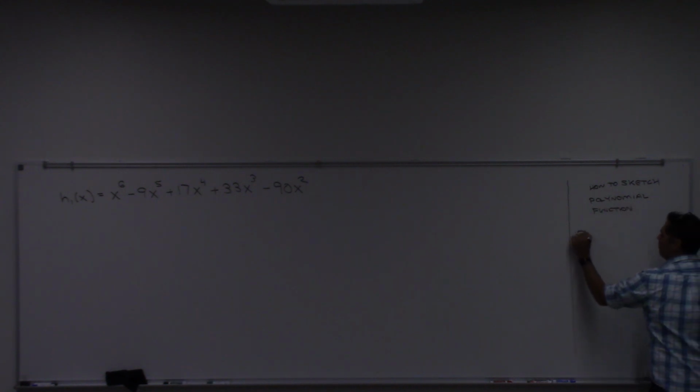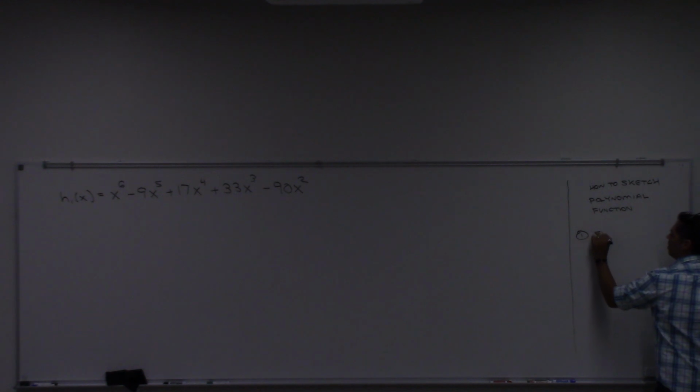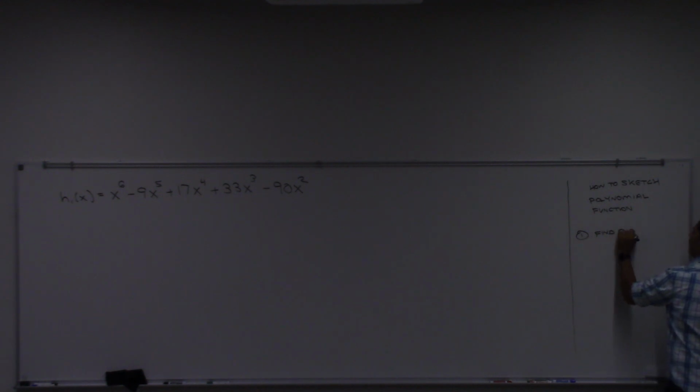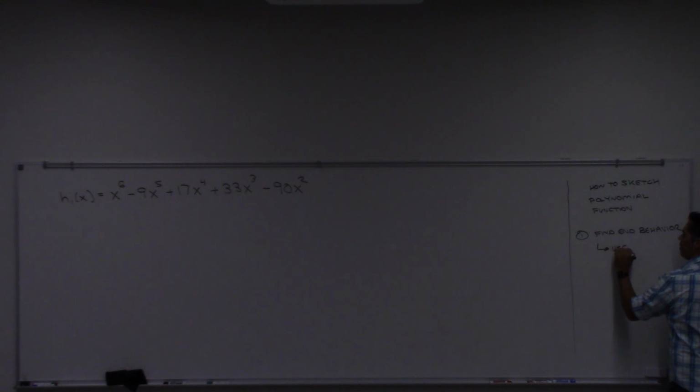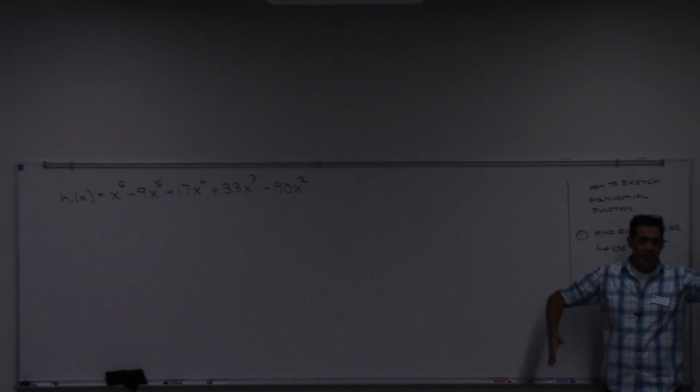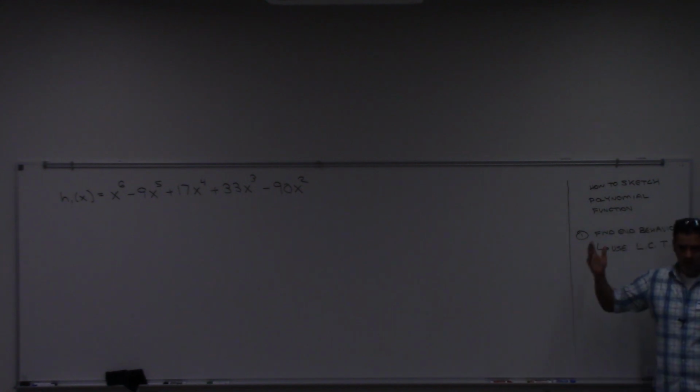Okay, first step, find the end behavior. And to do this, we use the leading coefficient test. That was that thing where we used the table to figure out the up, down on the sides. That's the first thing you do.